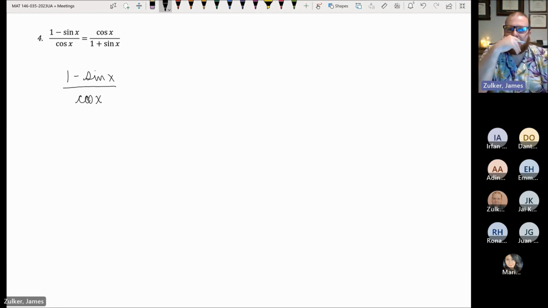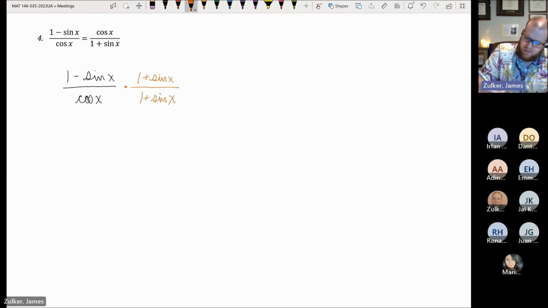Okay, so let's start with the left-hand side. Remember, we can multiply by 1. So let's try multiplying both numerator and denominator by 1 plus sine.